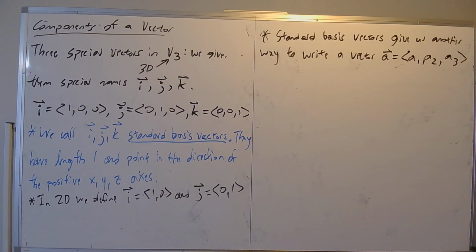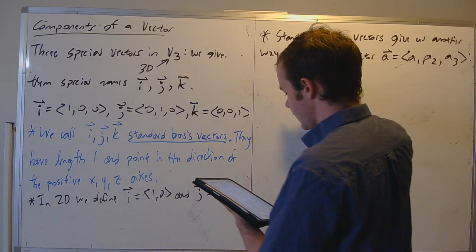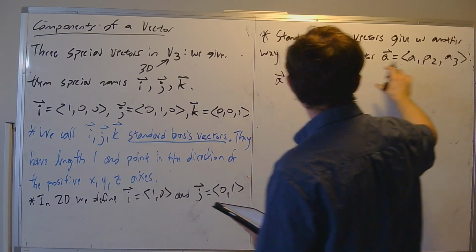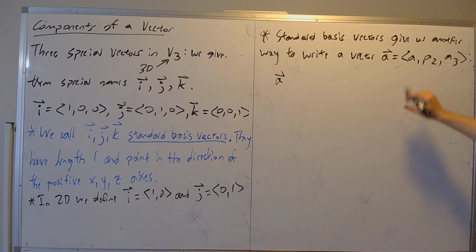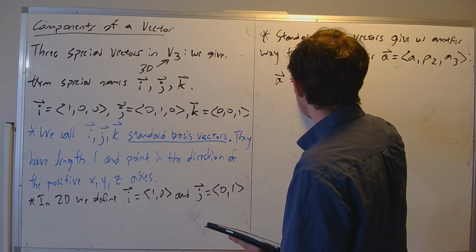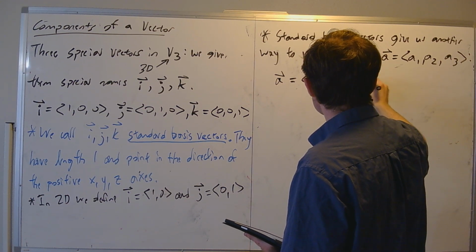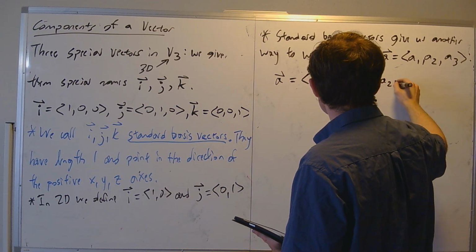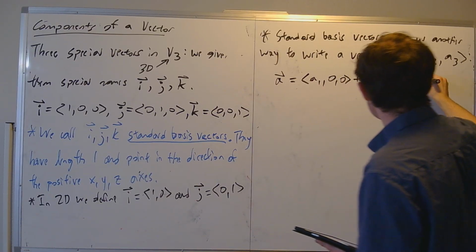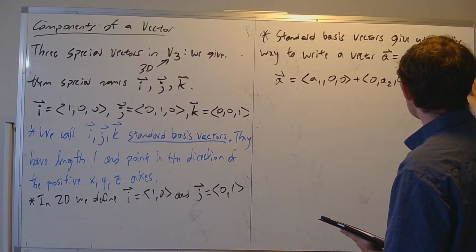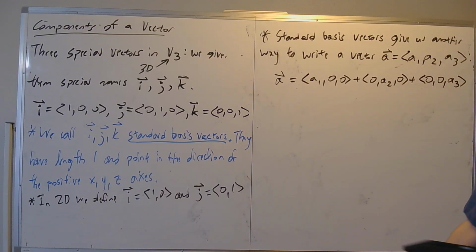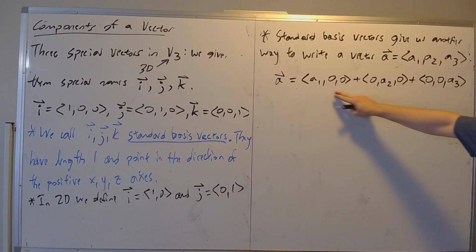The new way is to say that A, we can actually break this up as 3 separate vectors. So we can break this up as the vector A1, 0, 0, plus 0, A2, 0, plus 0, 0, A3. All I did here was break this up as 3 separate vectors. If we add all 3 of these together, we get back to what we started with. So it's the same thing.